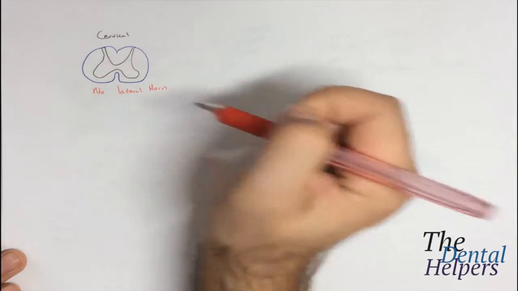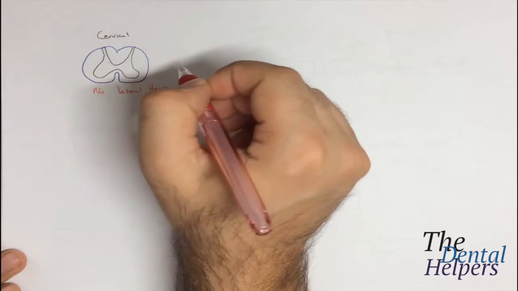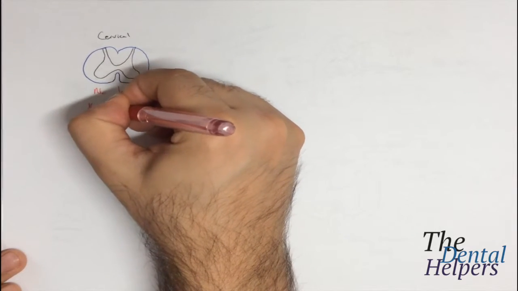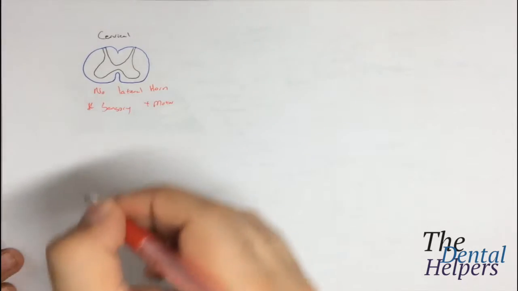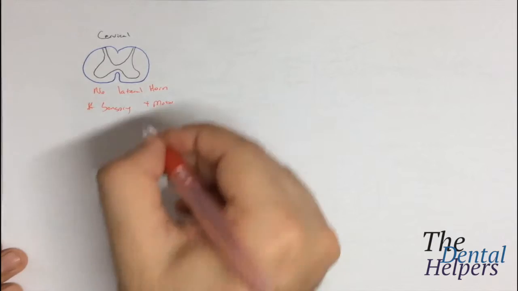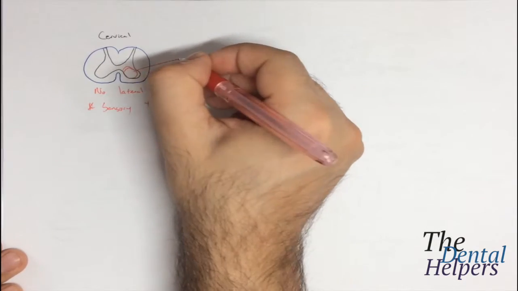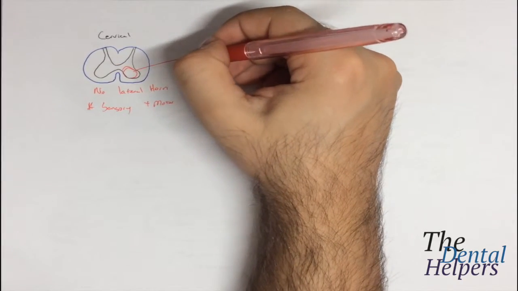So we're going to have greater white matter, and this is because this is more of a sensory motor area. So this is sensory plus motor. And then also, if you notice that the ventral horns right here, they're a lot bigger than the lateral horns.